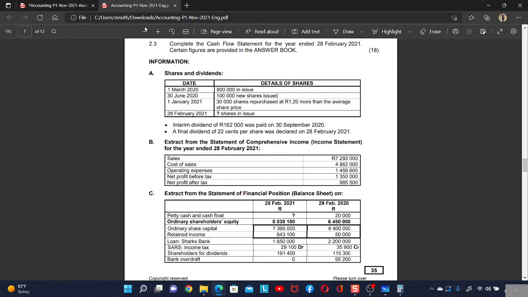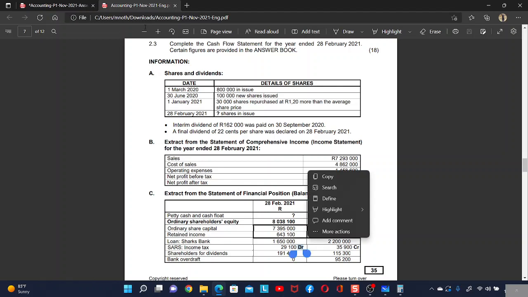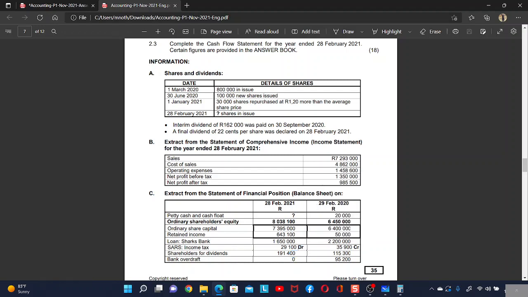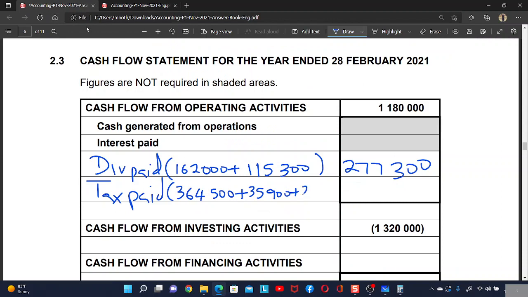And then we add the SARS income tax of the closing balance of our current year. I said we only add it if it has a debit balance. But if our closing balance of the current year has a credit balance, we subtract it. So plus 29,100.